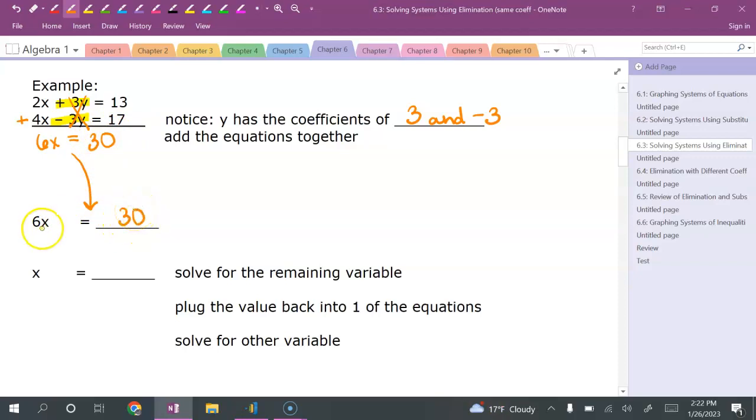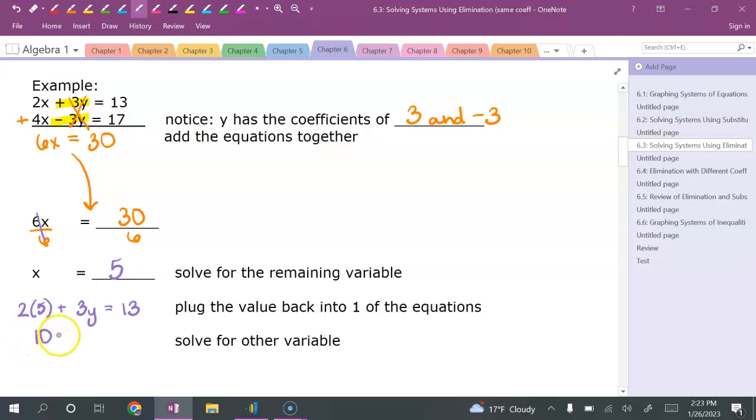Now what I want to do is solve for x, and I'm going to do that by dividing by the 6. And so I get x equals 5. So now what I'm going to do is take my 5, because I found x, and plug it back into one of those original equations up top in order for me to find my y. So I'm just going to go back to the top equation. That one says 2x, but instead of x, I'm going to put in a 5 in parentheses, plus 3y equals 13.